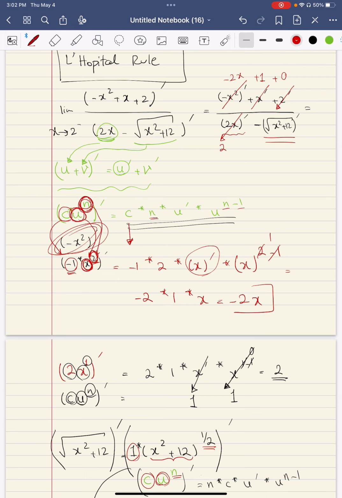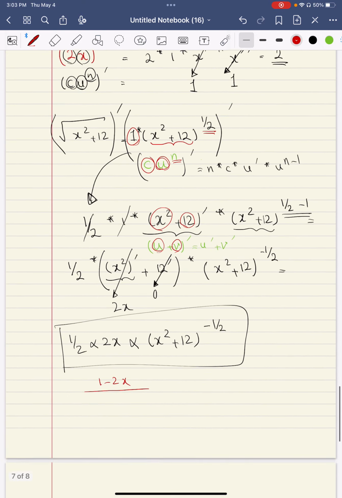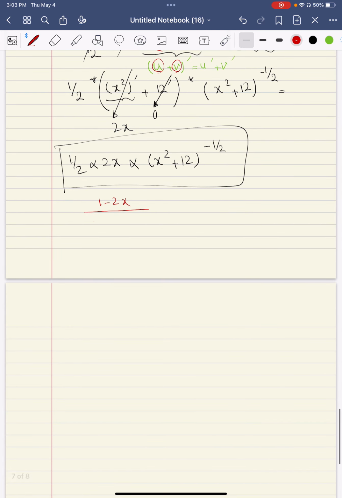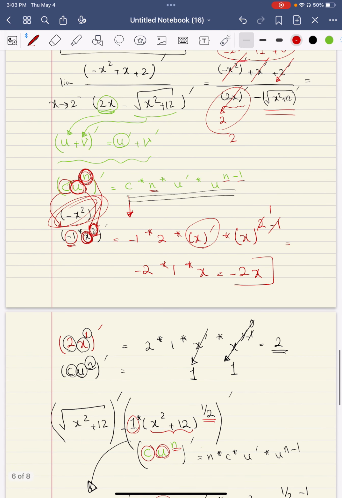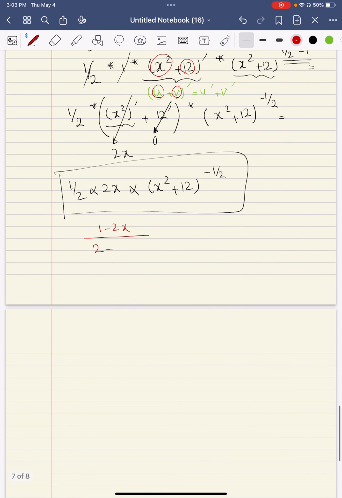So let's write down what we have. In here we had 1 minus 2x. In here we have 2. So 1 minus 2x over 2 minus the derivative of this, which we found out here. I'm going to write it down.